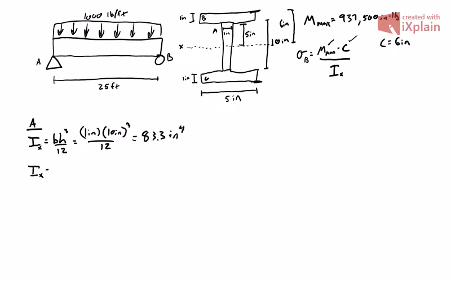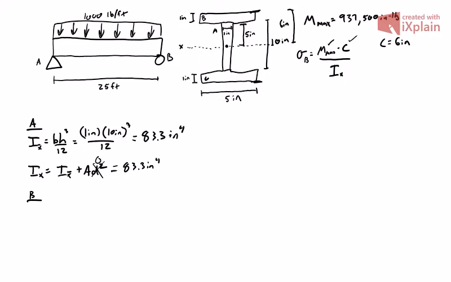Then we decide if we have to use the parallel axis theorem. The centroid of shape A is on the x-axis for the center of our entire I-beam. Therefore, the parallel axis theorem isn't required. Our d is 0, so Ix is equal to Ix bar, which is 83.3 inches to the fourth.